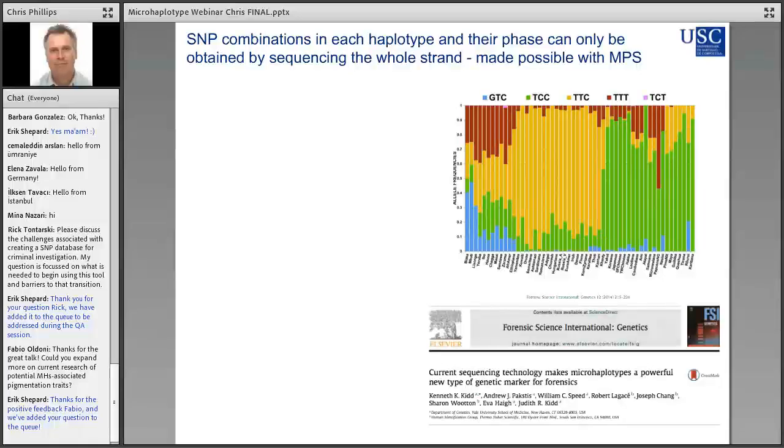It's only when you can sequence the whole strand and the SNPs as a single sequence that you know the phase, and you can properly compile the haplotypes in any one microhaplotype locus.